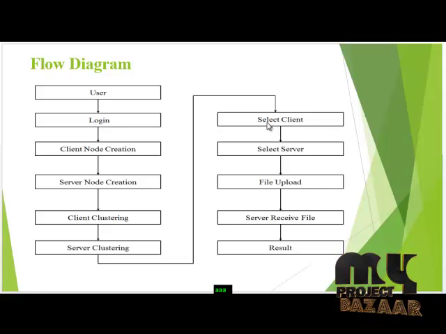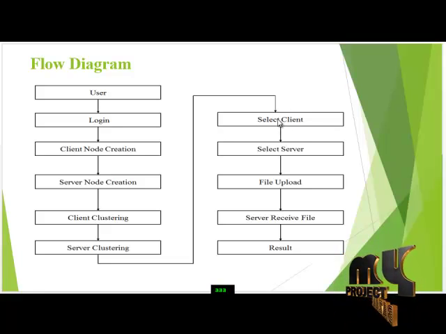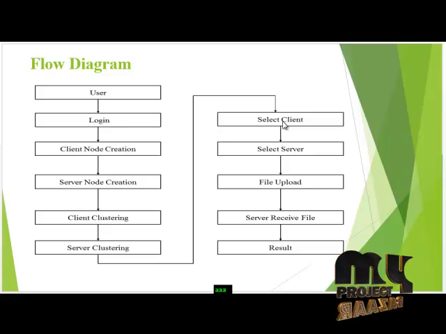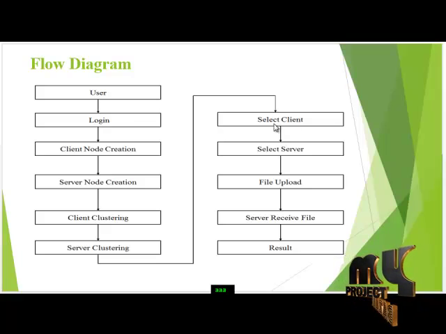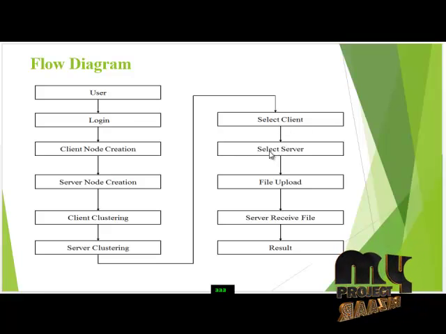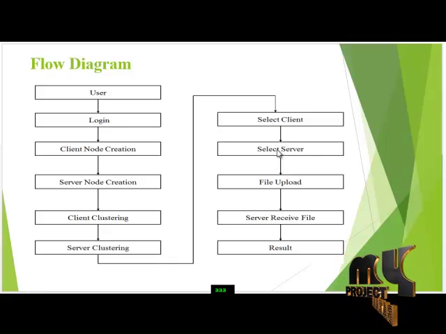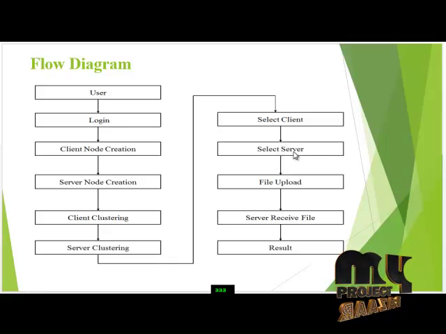Next we select the client. Here we can select the suitable client for further process. After that we select the server. Here also we can select the appropriate server for future process.